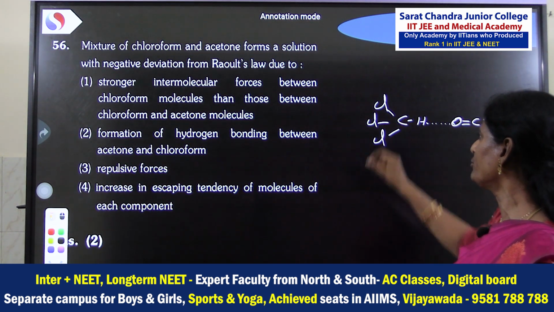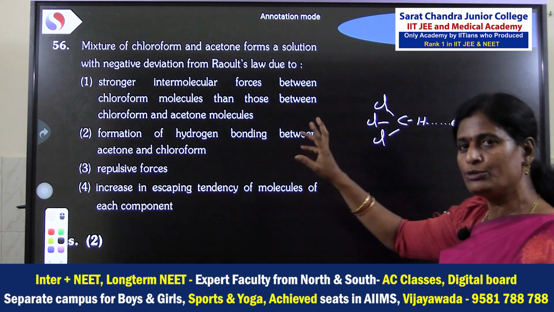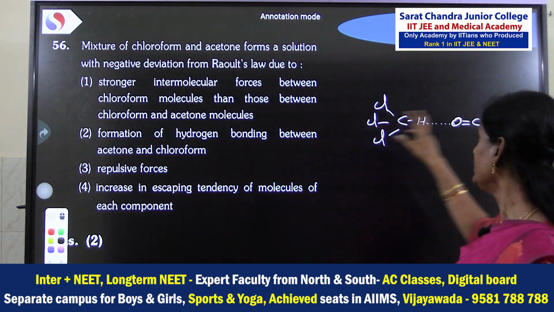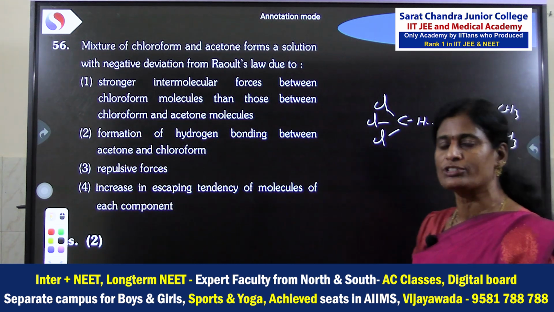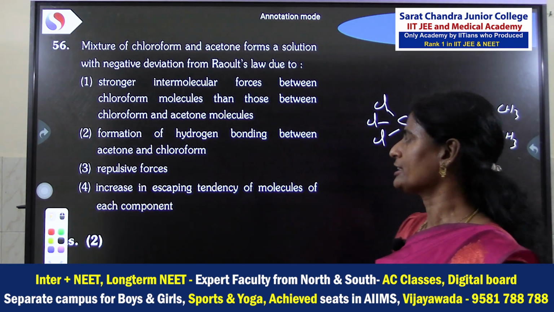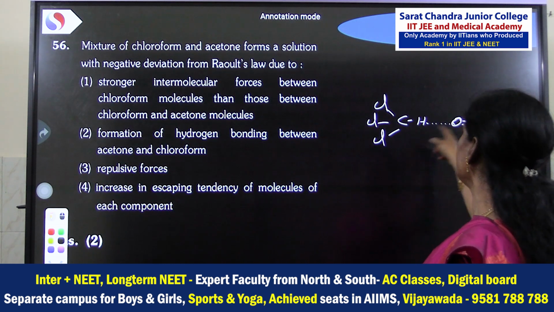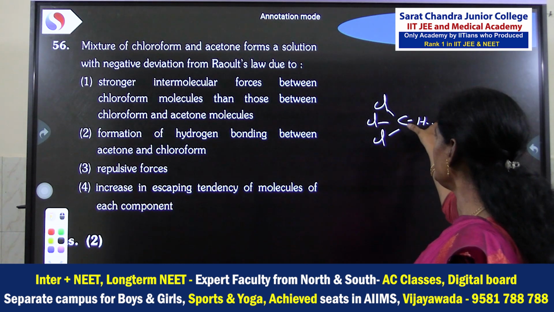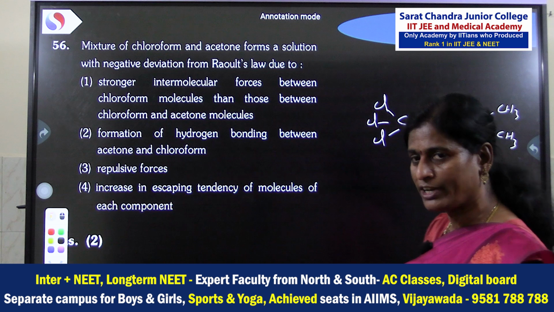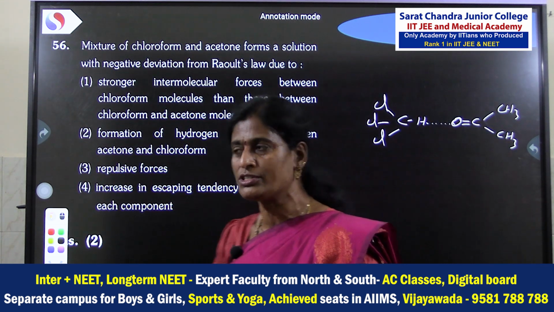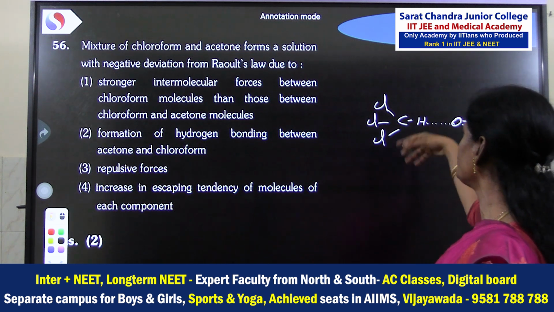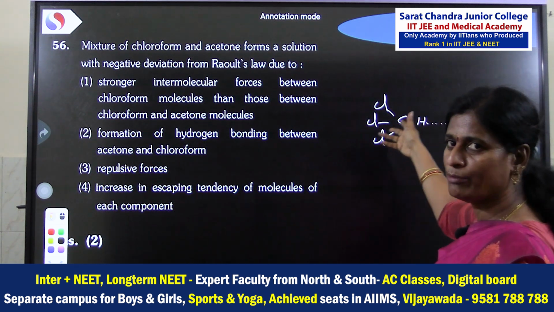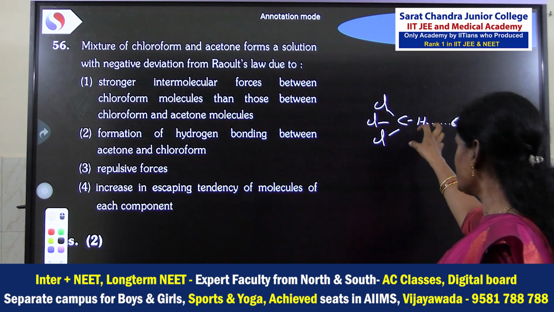The intermolecular force of attraction between any two acetone molecules or between any two chloroform molecules is less compared to that between chloroform and acetone molecules. So, due to this strong intermolecular force of attraction between these two molecules, the tendency to vaporize, the tendency of escaping into vapor form, is reduced.